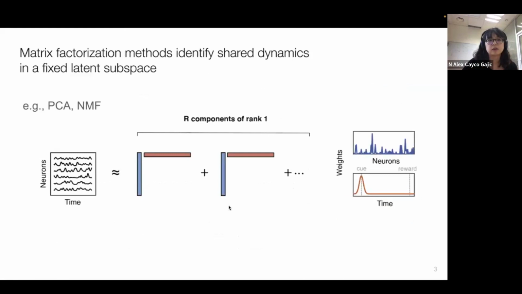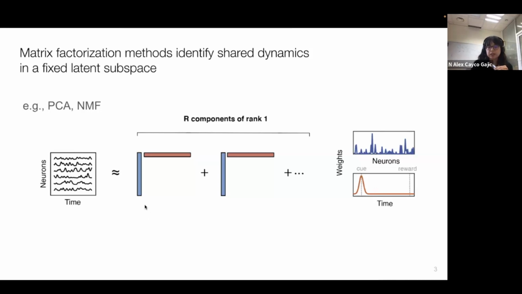The first one really starts from going back to the idea of methods like PCA, which is a matrix factorization method. What that means is that you take the data matrix, which here is neurons by time and has all the neural activity in it. You rewrite or approximate it as the sum of R components of rank 1. So each of these components or latent variables is a rank 1 matrix.